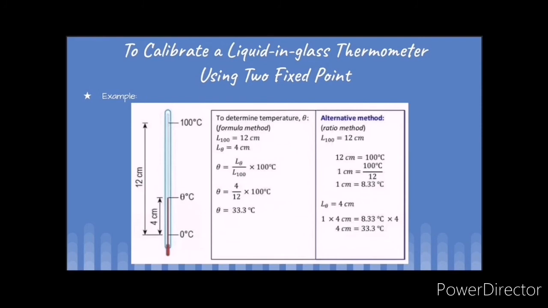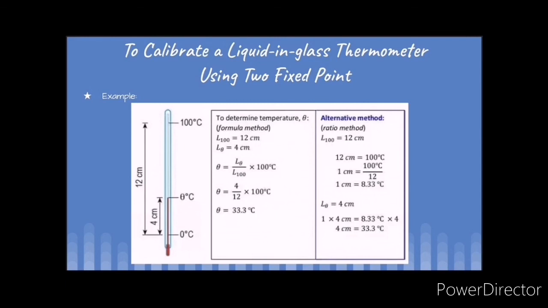Theta equals L theta divided by L 100 multiplied by 100 degrees Celsius. Substitute, and you will get 33.3 degrees Celsius.